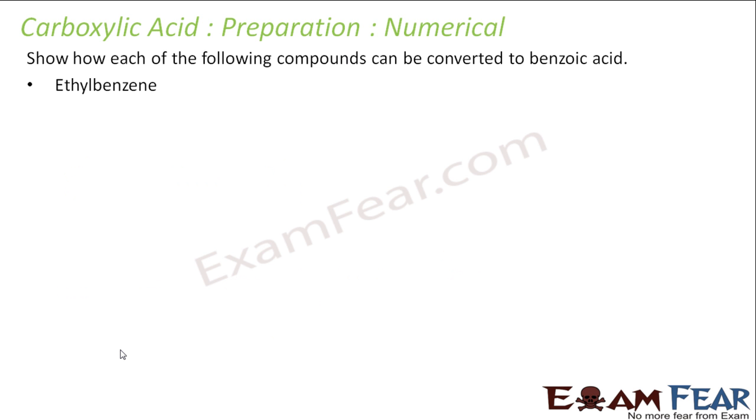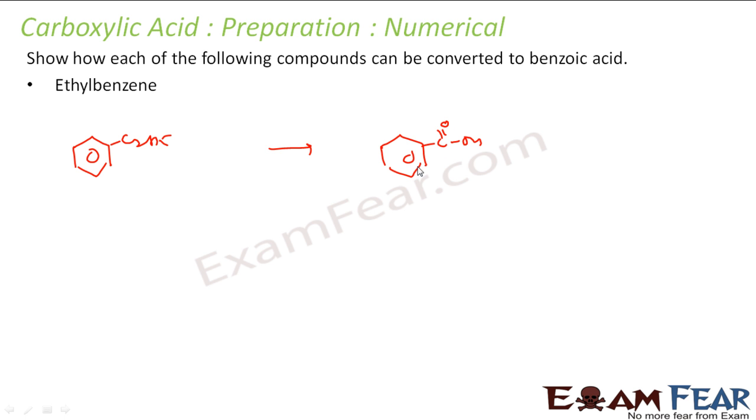The next is you have to convert ethylbenzene to benzoic acid. This is also easy, we have seen this. I have ethylbenzene and I have to convert this into benzoic acid. I don't care about the length of the chain. I just use a strong oxidizing agent and it will take care of everything. It converts it into COOK, and then hydrolyze this and you'll get COOH. Doesn't matter what the length is.